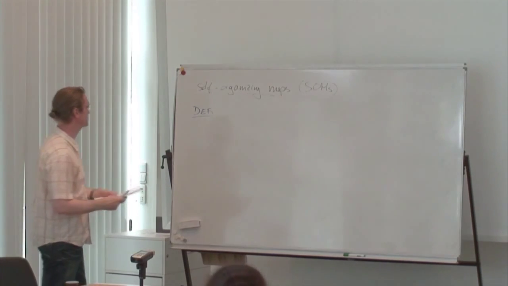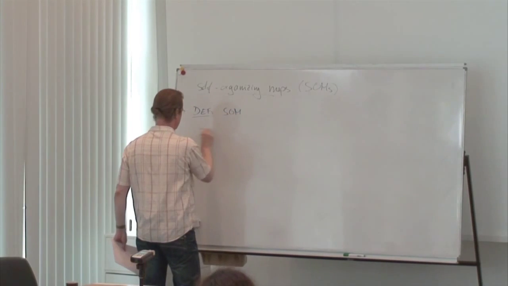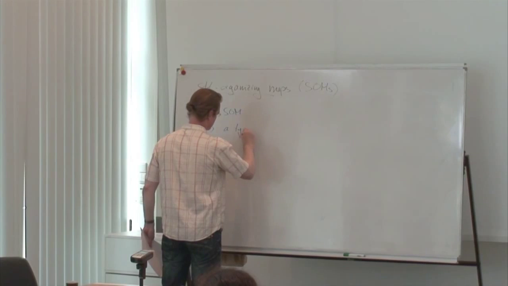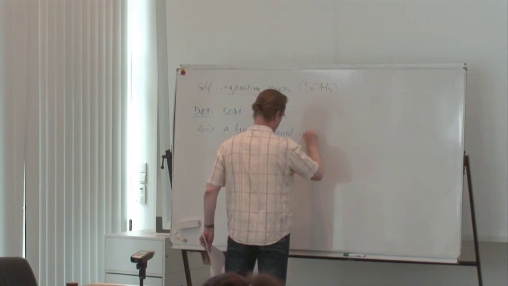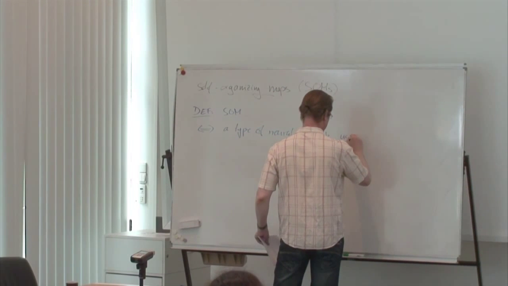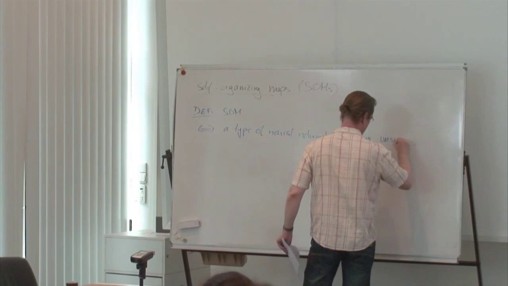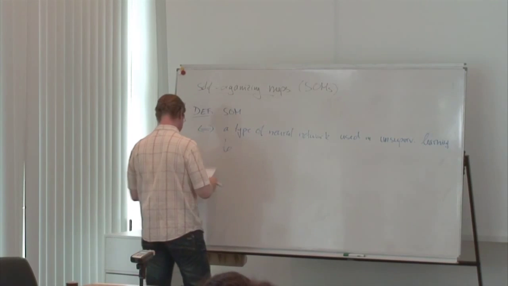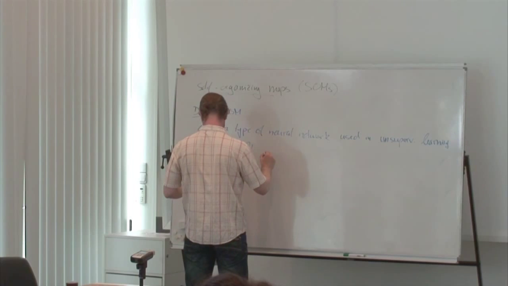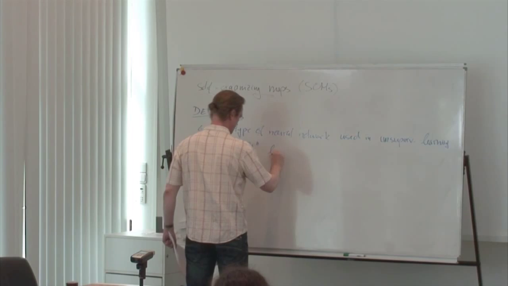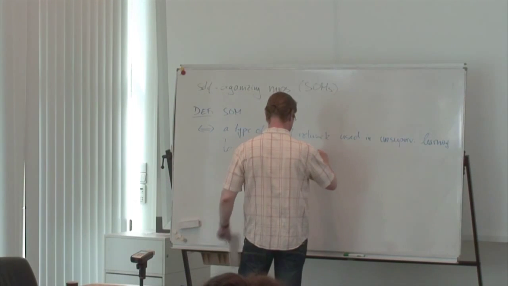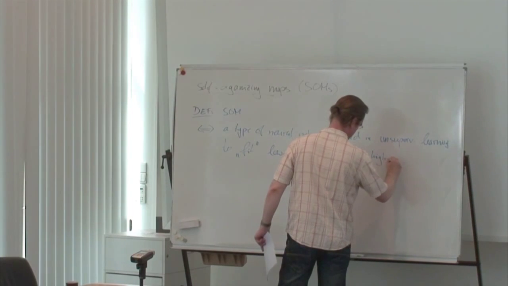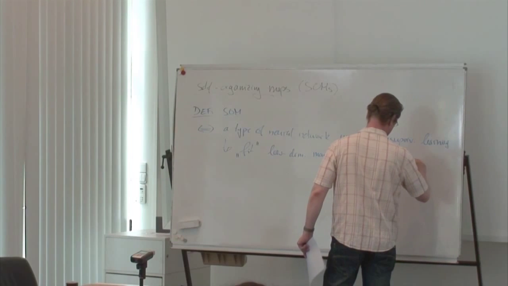Color has no semantic, it's just the pen is probably more readable. And I will do something crazy because typically it's said that this is a type of neural network used in unsupervised learning to fit a low dimensional, and I put this in quotation marks, manifold into high dimensional data.